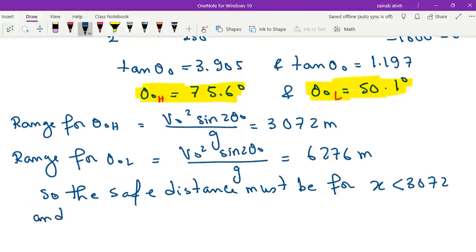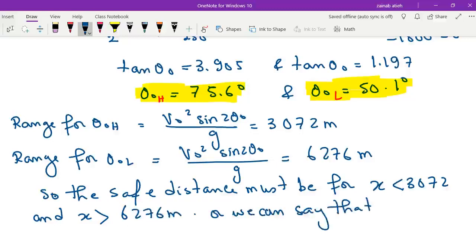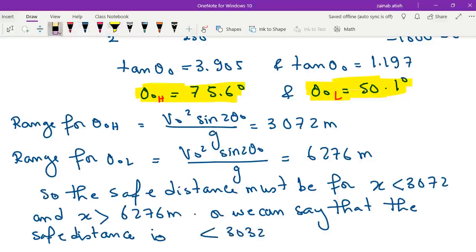And x greater than 6276 meters, or we can say that the safe distance is less than 3072.